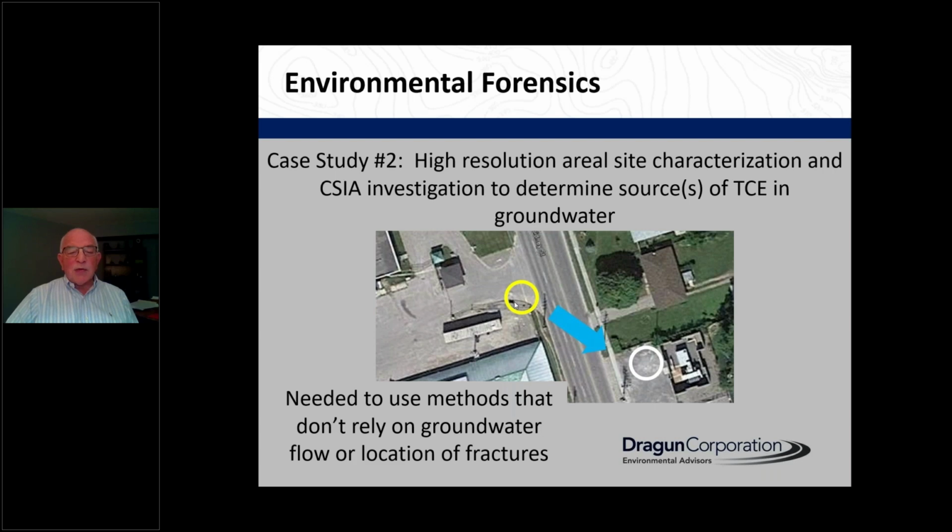And chemistries were similar. The geology consisted of thin soil cover over fractured rock.